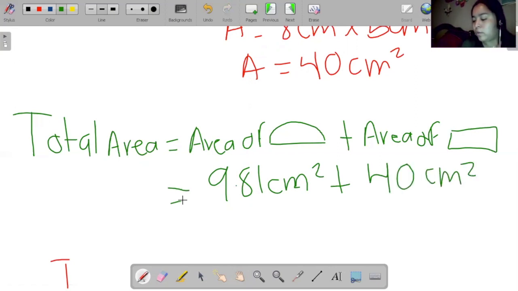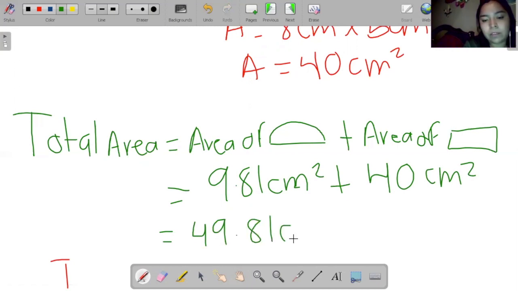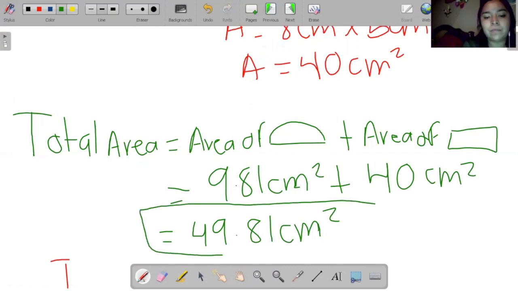So then our total area is 49.81 centimeters squared. This is our total area.